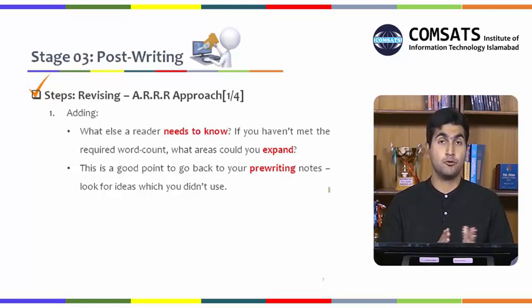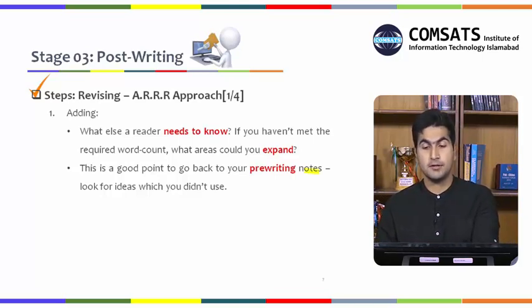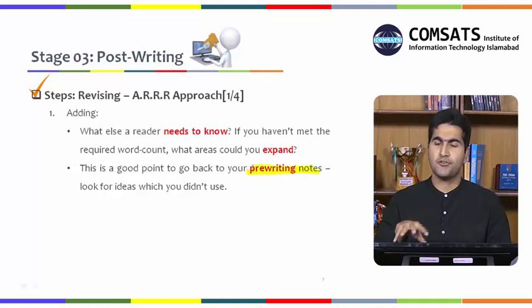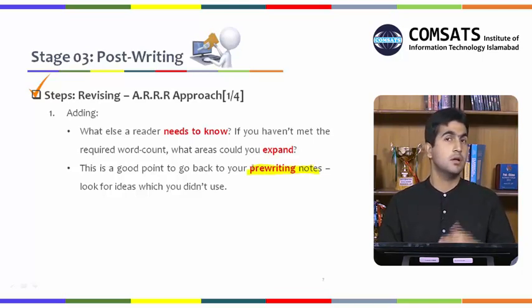And if you don't want to do this pre-writing, even if you look at the already existing pre-writing notes which you have done, that will also help you to extract some new ideas that you haven't talked about, although they were there within your mind, which is why you jotted them down in the form of clustering, free writing, listing, T-charts, anything. But if the ideas are there, you can just simply extract them over here and start jotting them down, moving to the second stage of writing, and then come to the third stage of revising and looking into the content.